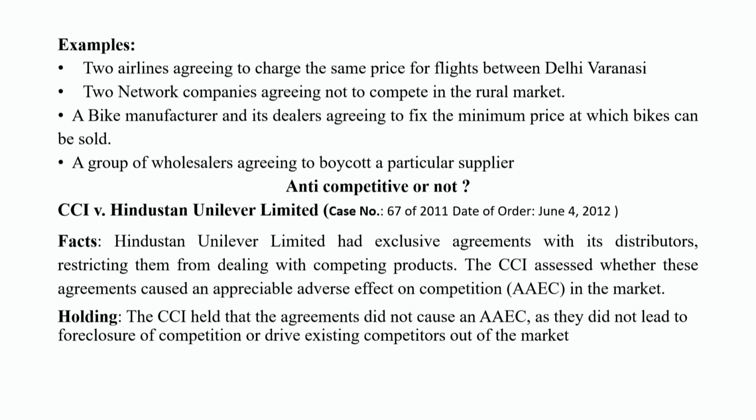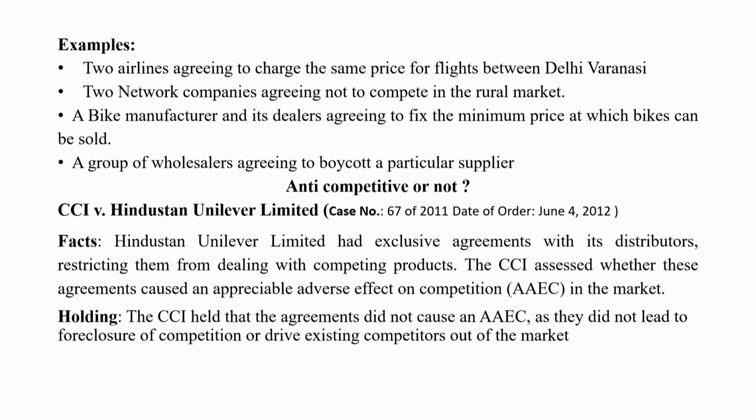If there is actual competition between two network companies, they will compete with each other by providing good services, products, commodities or a good network to invite the customer. But if you find that two network companies agree not to compete in the rural market, what is this? This is conduct which comes within the meaning of anti-competitive practices.